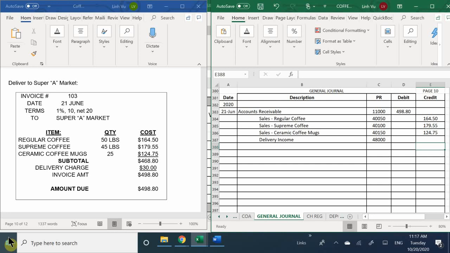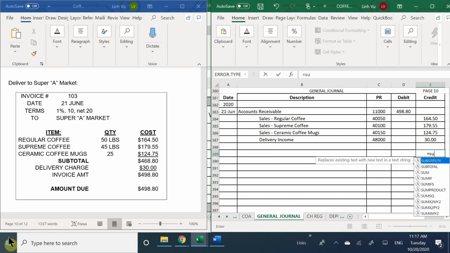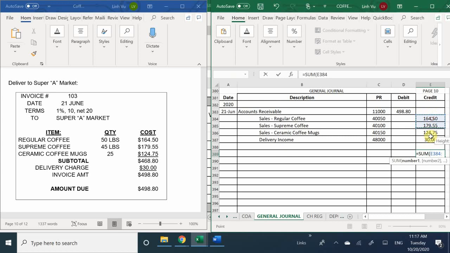I'm going to make sure that this column equals 498.80. Okay, good. So I typed it in correctly.